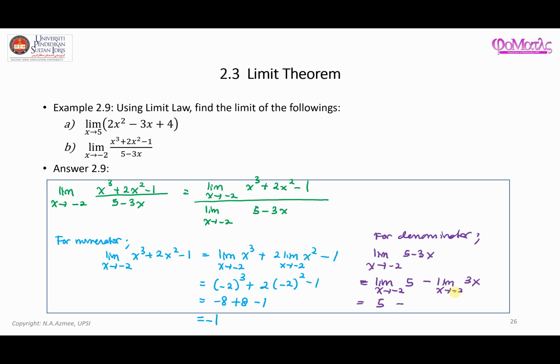You can substitute directly, so this is equal to 3 times -2, so 3 times -2 is -6, so here we have -6, and the answer for this one is going to be equal to 11.